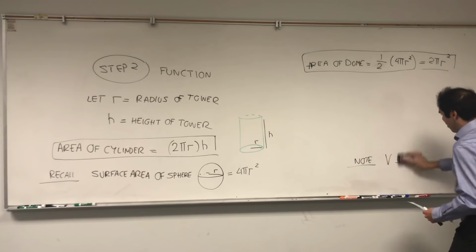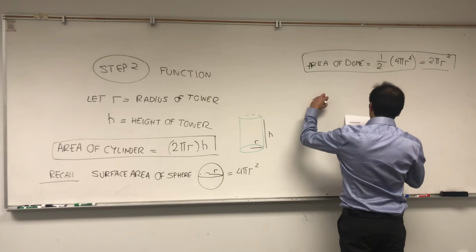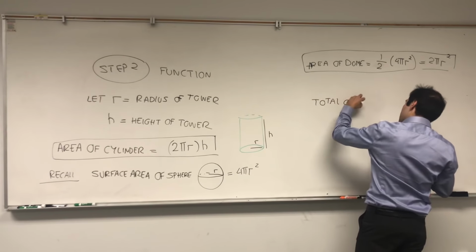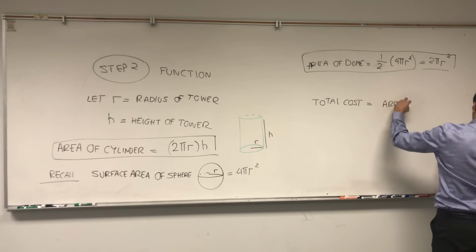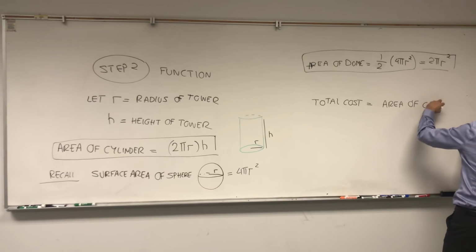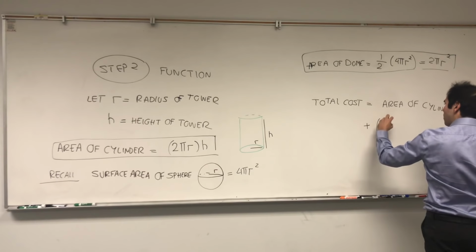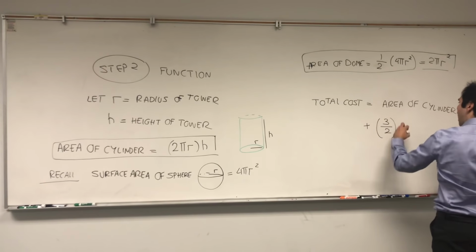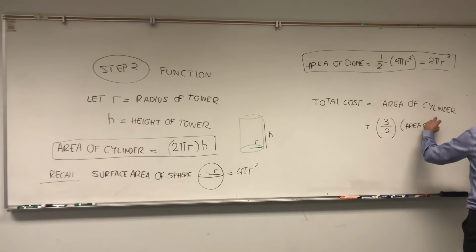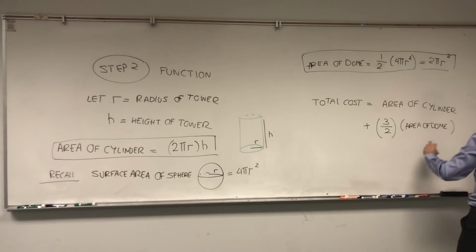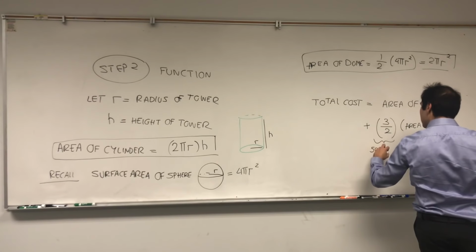So that almost brings us to our function. In other words, the total cost is the area of the cylinder plus 1.5, so 3/2 times the area of the dome, and this 3/2 accounts for the fact that it's 50% more expensive.